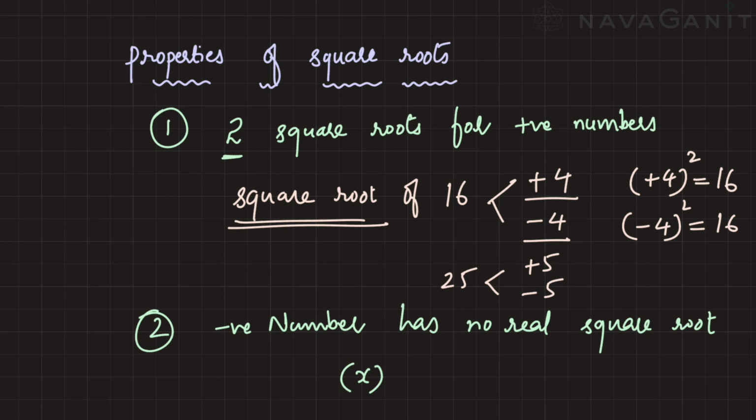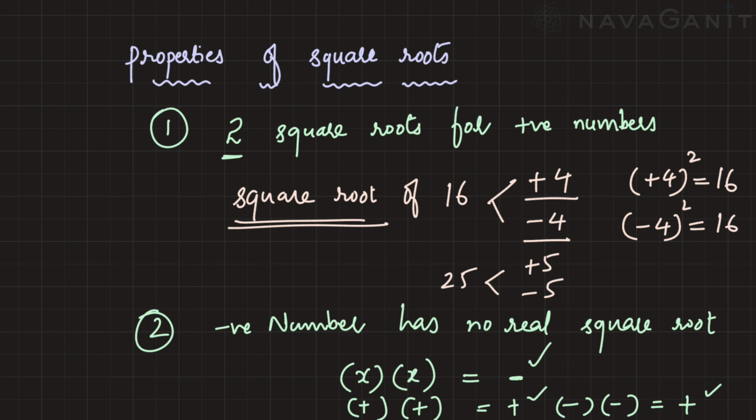If I multiply x with another number, there is no way I'll end up getting a negative number. Say if x is positive, positive multiplied by positive will be positive. If x is negative, negative multiplied by negative will also be positive.